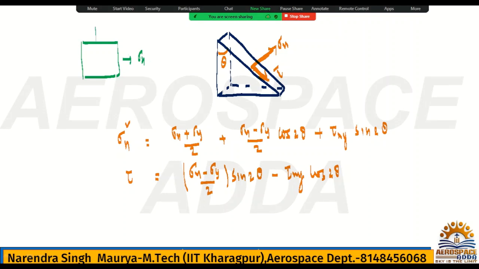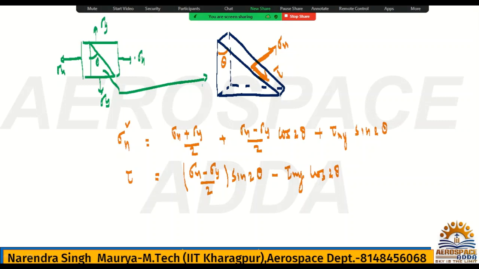sigma x, sigma y. Okay, sigma x and sigma y, and for this oblique plane you are calculating that value. Okay, here this one. So there exist mutually perpendicular planes on each of which the resultant stress is wholly normal.